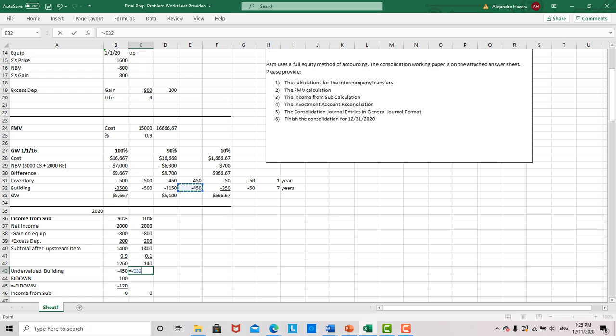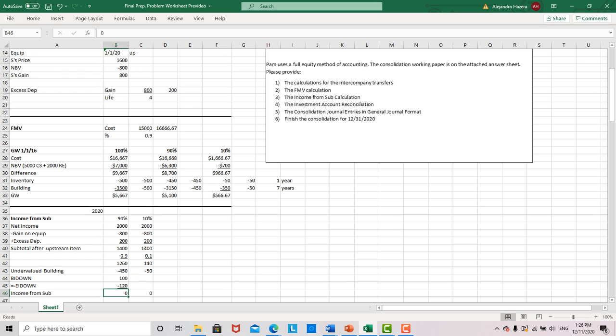Okay, so it's minus 450 for the controlling interest. Let me get this right here. You're taking that number there, and that number there, and make sure they're out of the building row.